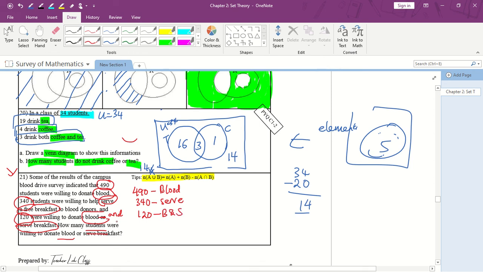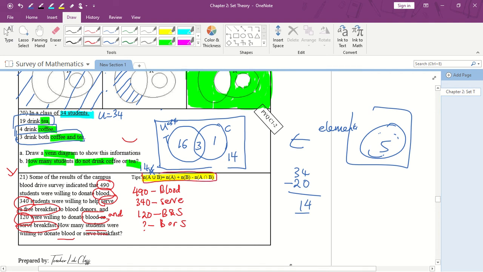And now it's asking, how many people are willing to donate blood or serve breakfast? We can do exactly the same thing as the previous question by drawing a Venn diagram. However, let's try this equation, okay?